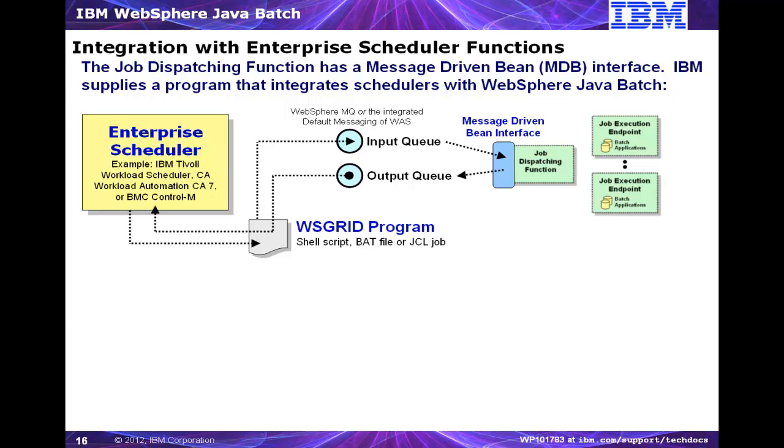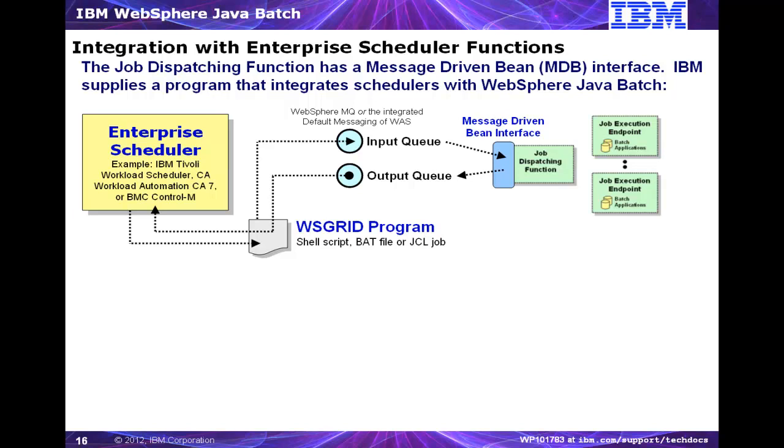As the Java Batch program executes in WebSphere Java Batch, the job output records are captured and streamed back to the enterprise scheduler over the output queue. They go to the defined standard out of WS-Grid. If on z/OS, then that would be the JES spool. This serves an important role. Quite often, batch processing has important compliance and archiving requirements.